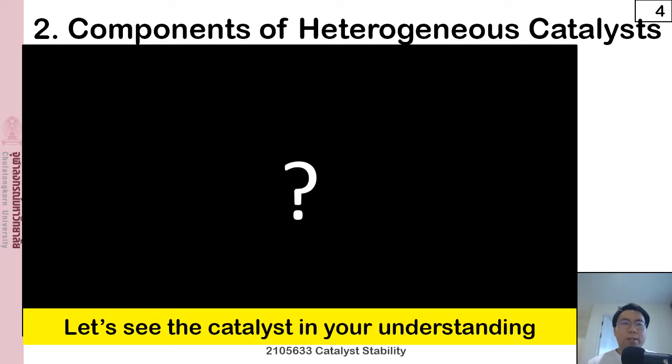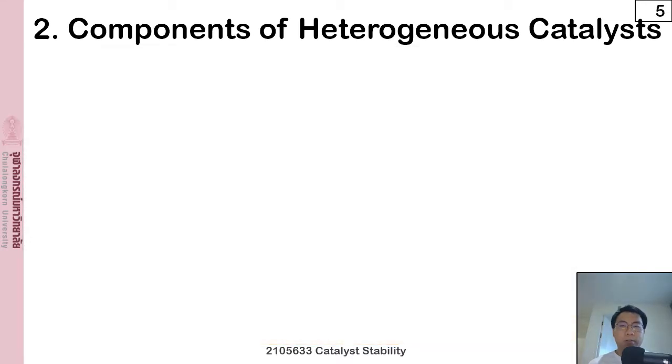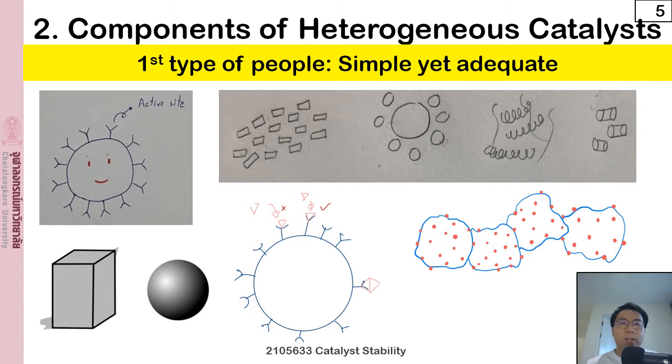As I classified the homework, I found that there are four types of people. The first type is the people with a simple but adequate concept. So they represent the catalyst.